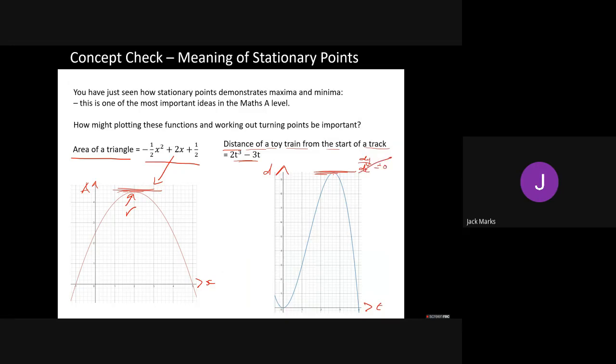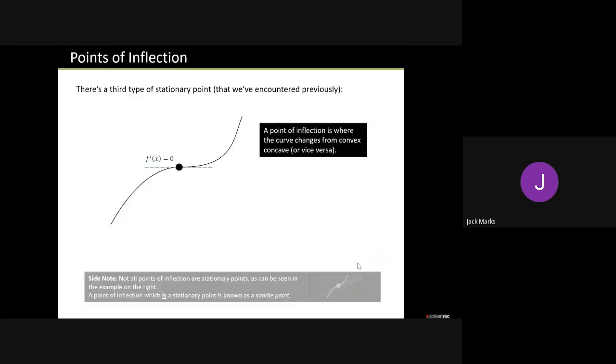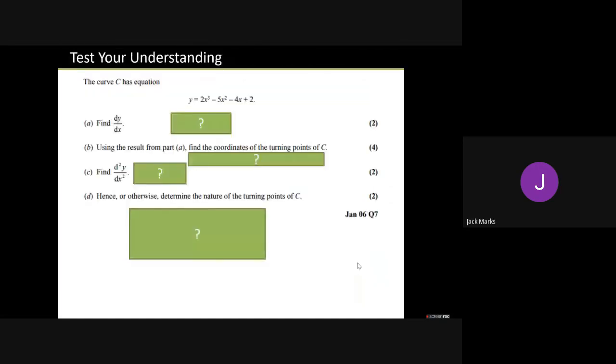Or I should say here probably, let's make this s for displacement. So maybe this would be ds dt equal to 0. And you could find out that number there. Okay, so this is why it's useful. It lets you know how you can maximize things or optimize things. Let's pause the video there and come back for the next part about the second derivative.